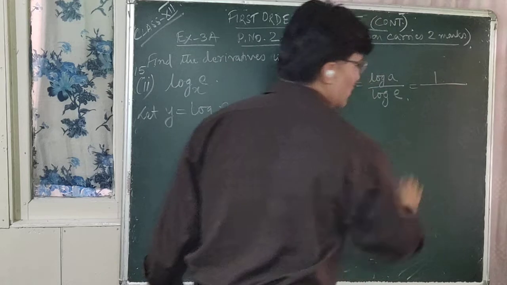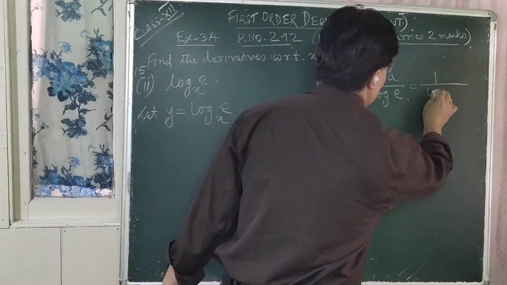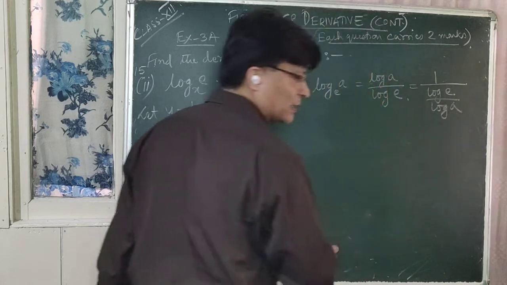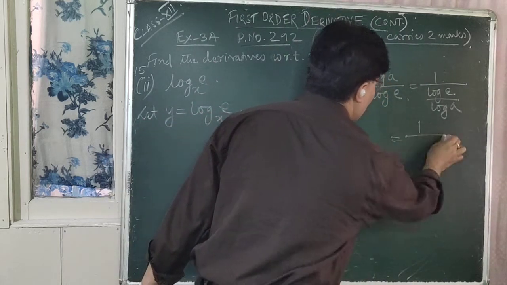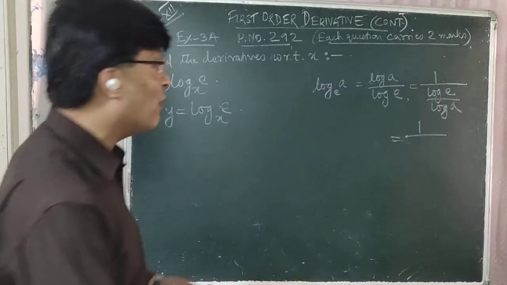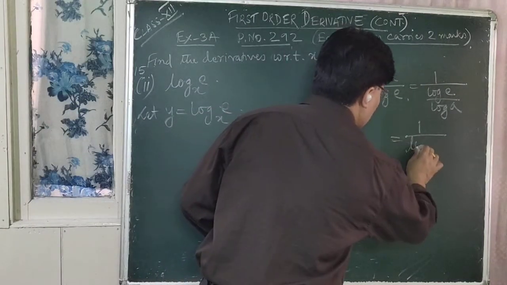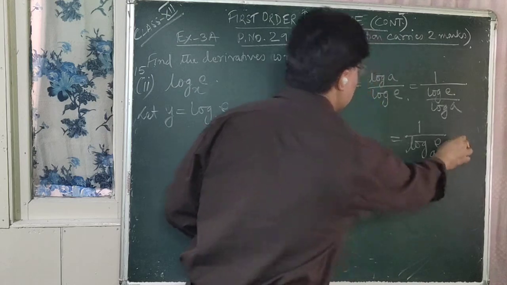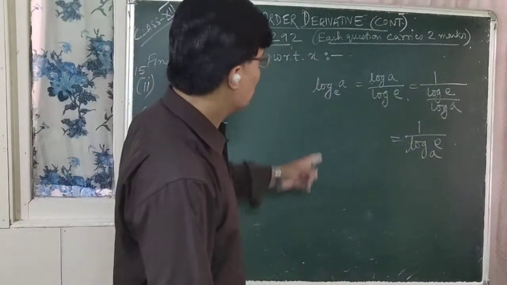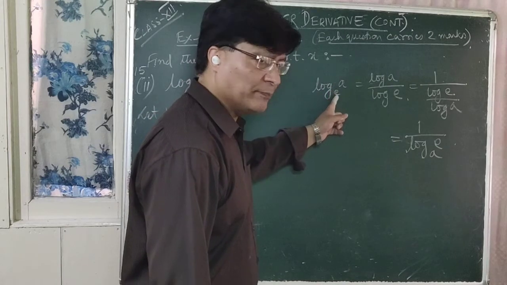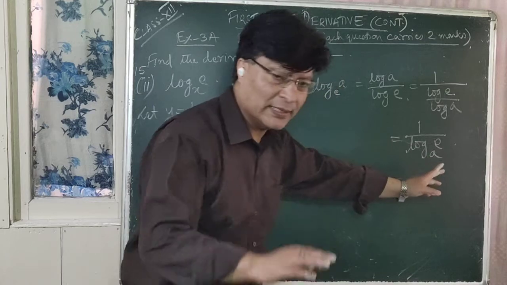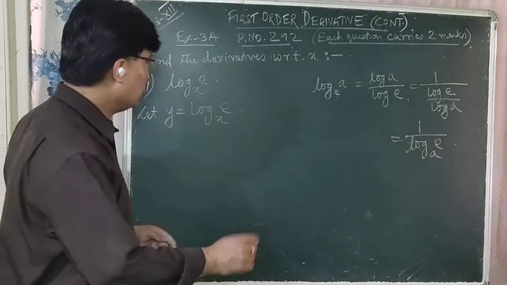So it becomes 1 upon log e divided by log a, which is equal to 1 upon, now this denominator can be written in terms of base form, log e base a. So what can we learn from here? If there is log a base e and you want to take it to the denominator, it becomes 1 upon log e base a. Take it down.